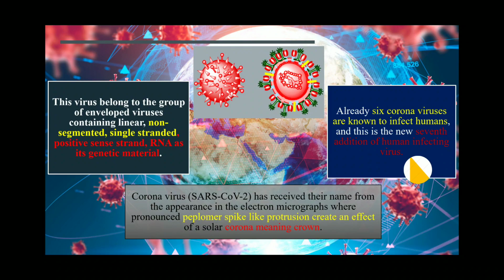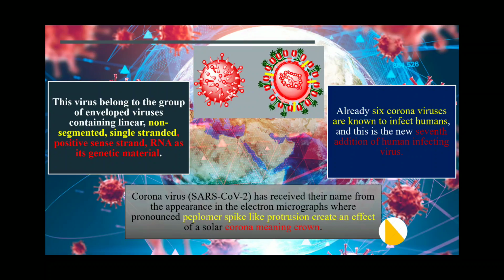Okay, now the question is, why do people say it is coronavirus? What is the meaning of that? When coronavirus was observed in electron microscope, it was observed as a pleomorphic with spike-like projections. Okay, and that looks like a solar corona, meaning crown-like structure.